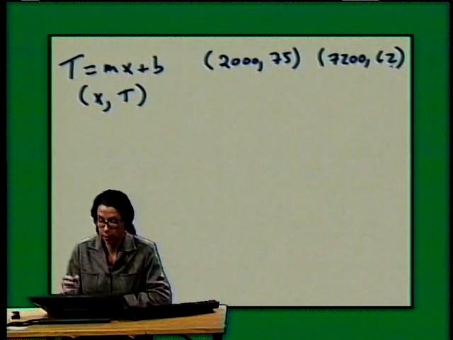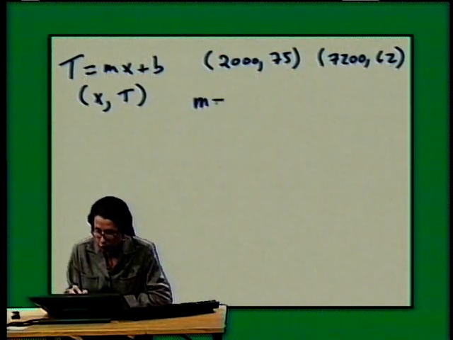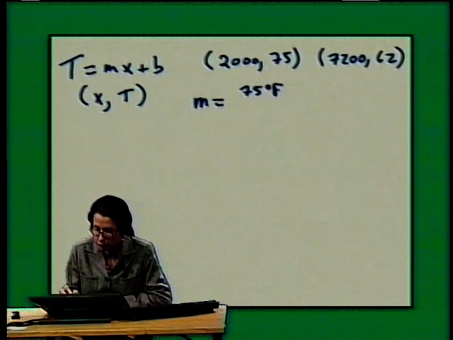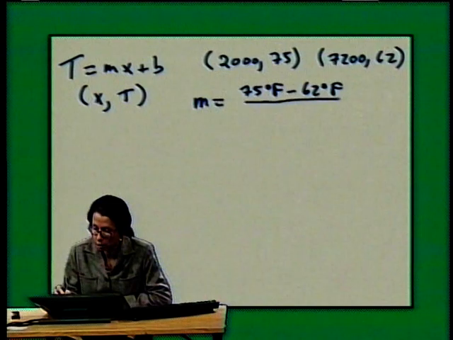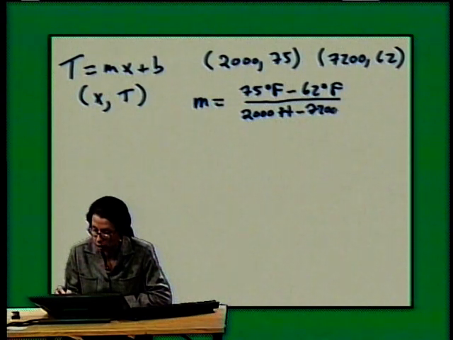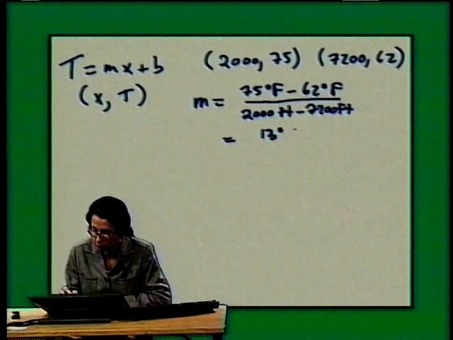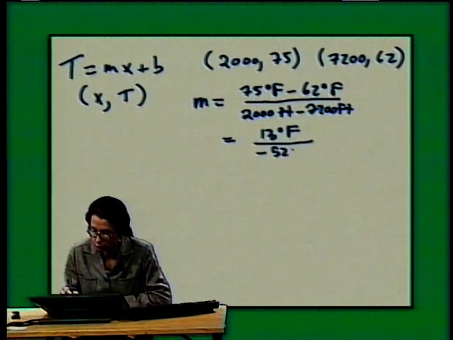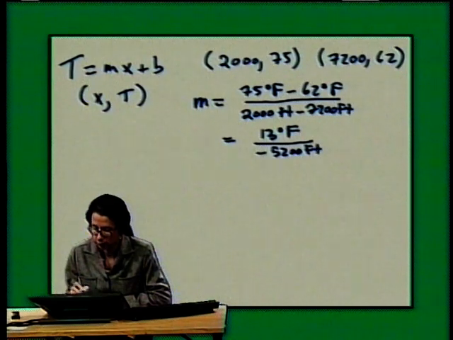I'm going to calculate the slope. The slope is going to be the change in temperature, 75 degrees Fahrenheit minus 62 degrees Fahrenheit, over the change in altitude, 2,000 feet minus 7,200 feet. So I have 13 degrees Fahrenheit over negative 5,200 feet.